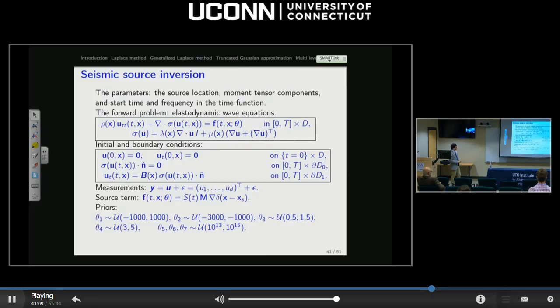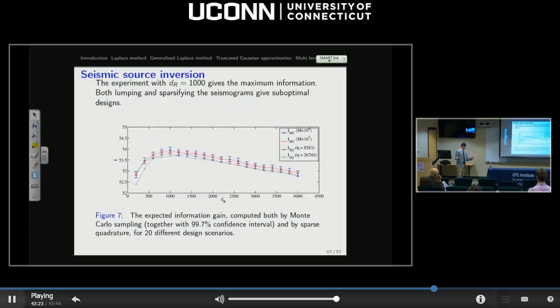And in total, we have 7 unknown parameters, and we have the range of the prior for these parameters. And in this case, we'll fix the total number of the receivers, and we change the distance between each 2 of them. So it's like you change the density of the receivers, but we fix the total number.